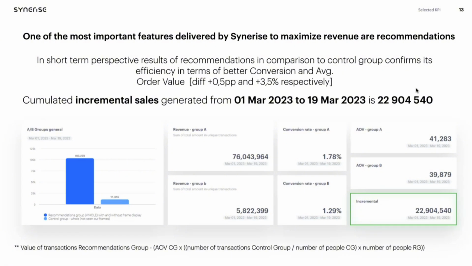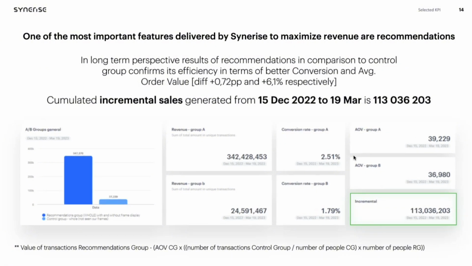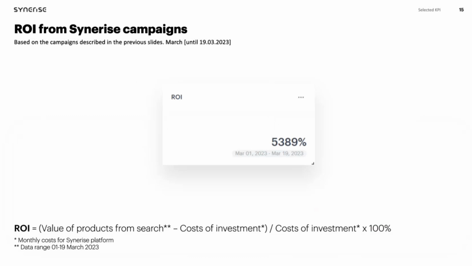And of course, if we would like to calculate real ROI on Sunrise campaigns, because the cost of investment is relatively low, if we calculate it as a fraction of the cost you pay to us for our solution, for the data points generated by these recommendation campaigns, these returns can also be very astonishing, I would say.